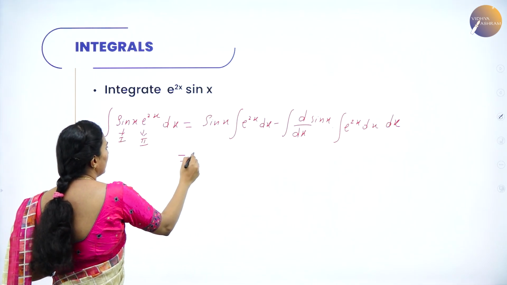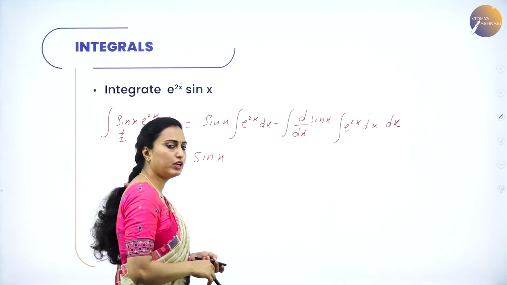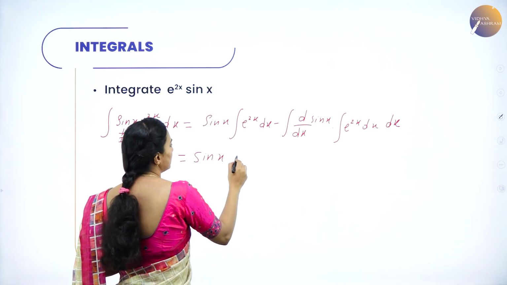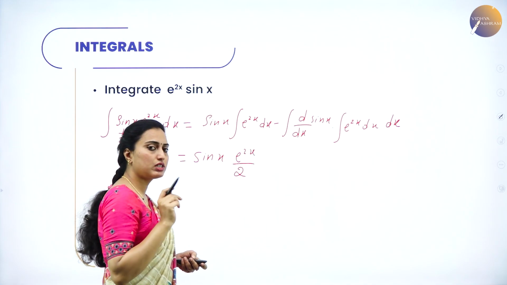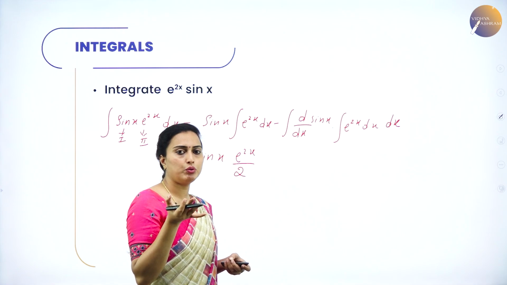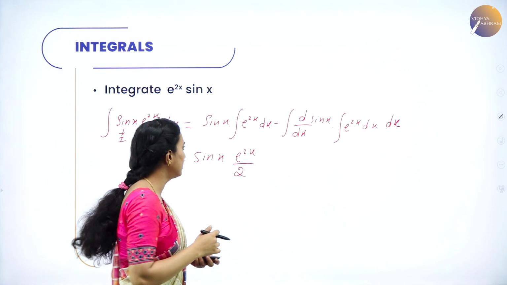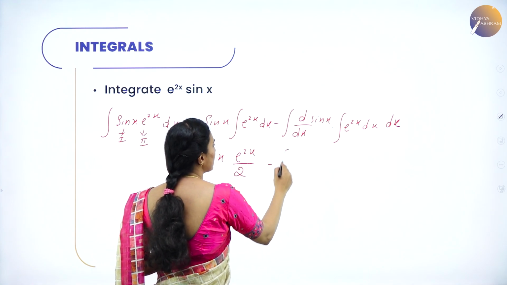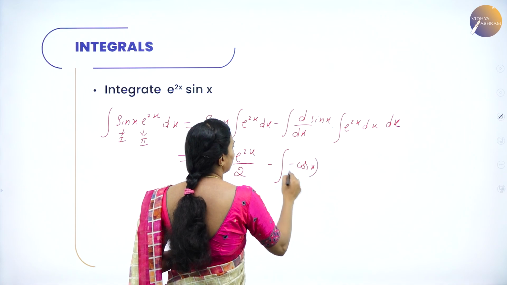So therefore sin x into, now what is the integral of e power 2x? E power 2x divided by 2, right? E power 2x differentiation is 2 into e power 2x. There the constant will be multiplied, here divided, that's it. Minus d by dx of sin x is minus cos x, isn't it?